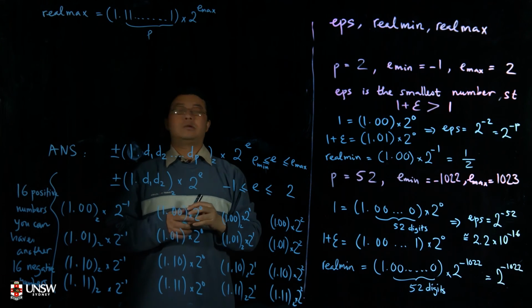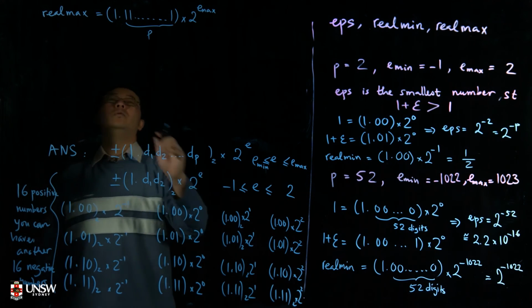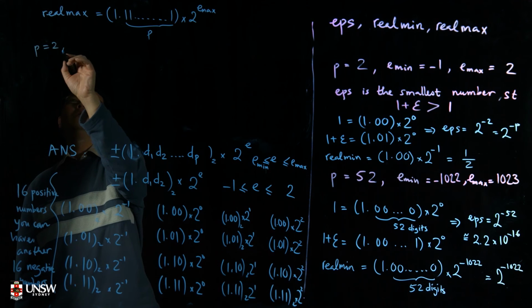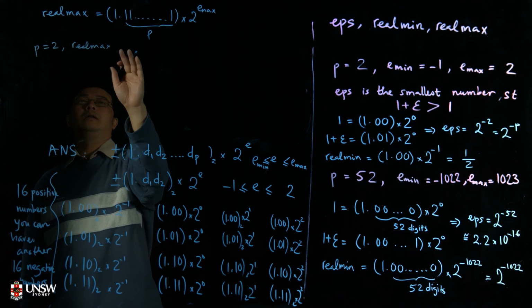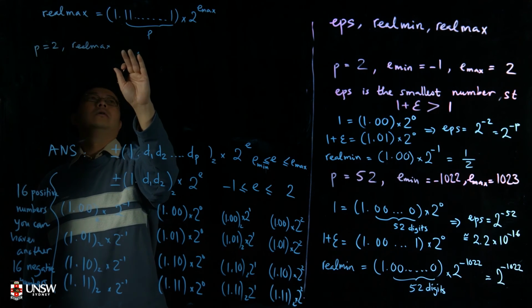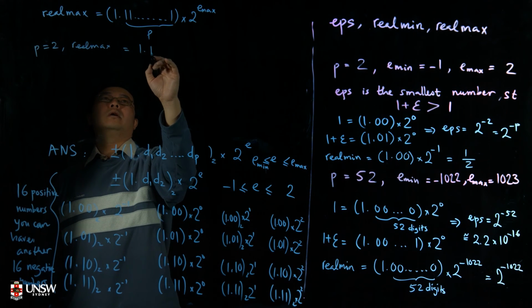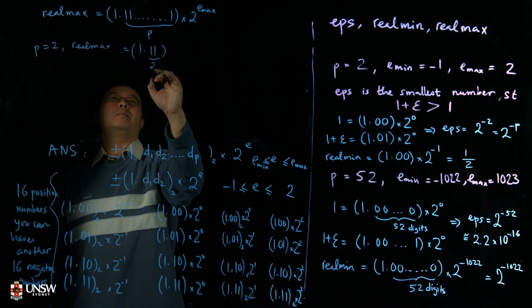And now, suppose in our small system, when p equals 2, realmax just equals 1.11 because you have only 2 digits here.